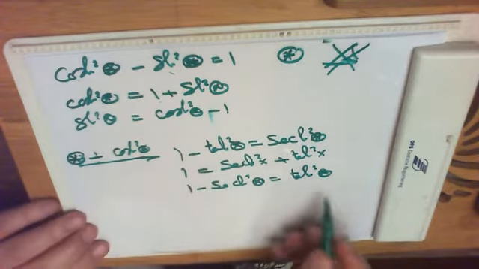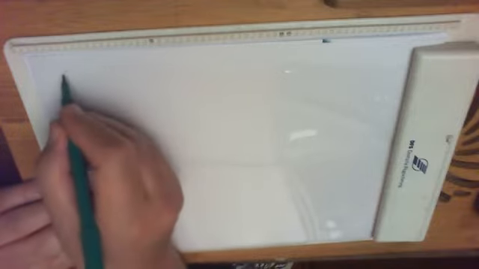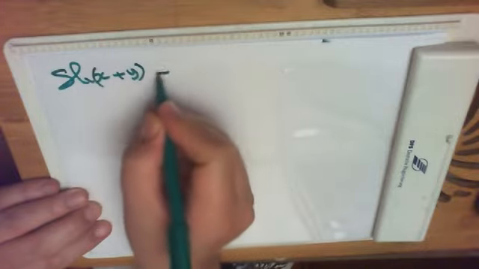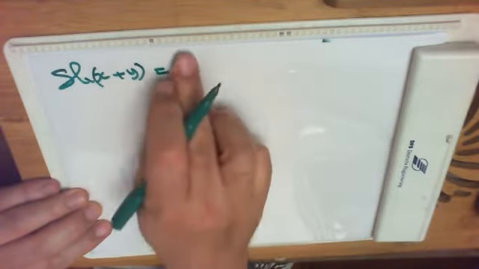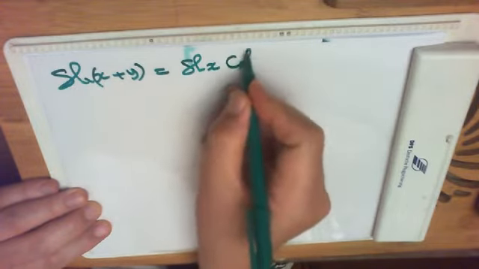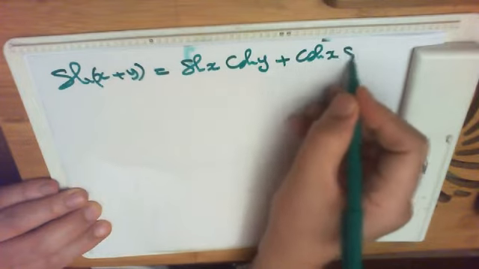Also, we have very important relations, similar, not exactly, to what we studied in trigonometric functions. For example, sinh(x plus y) equals sinh x cosh y plus cosh x sinh y. This is similar to sin(x plus y) equals sin x cos y plus cos x sin y.